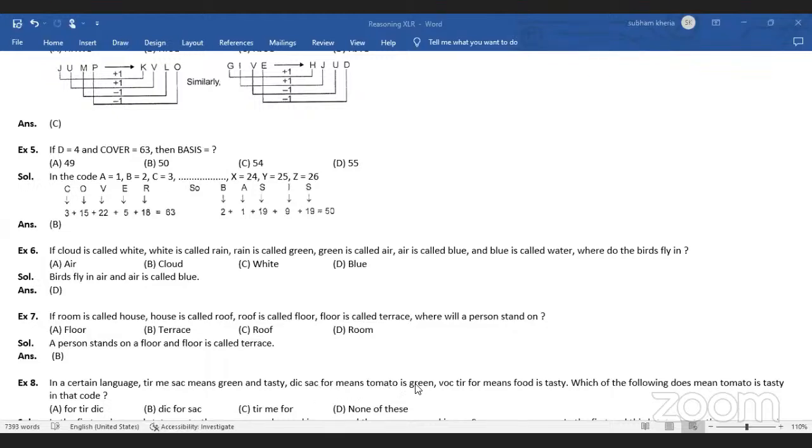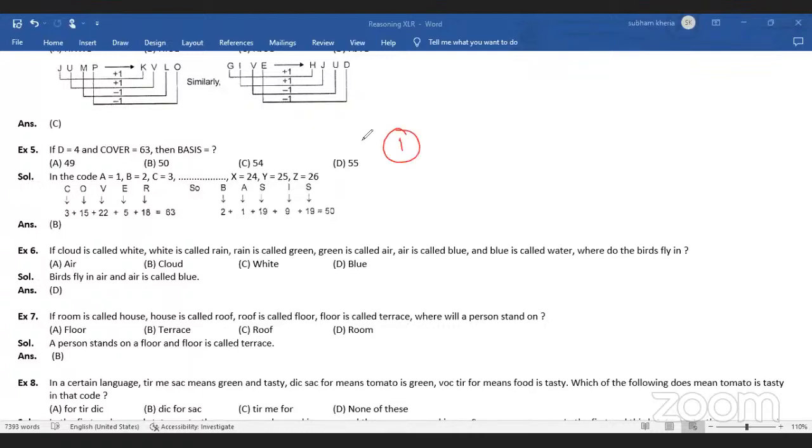Again, 3 words, 3 meanings. Walk tar for means food is tasty. Again, 3 words and 3 meanings. Which of the following means tomato is tasty? Sir, what is this? This is all hodgepodge. Now let's see how to solve this.